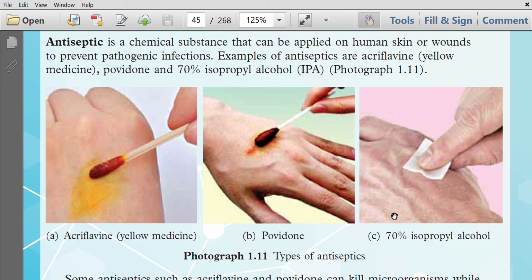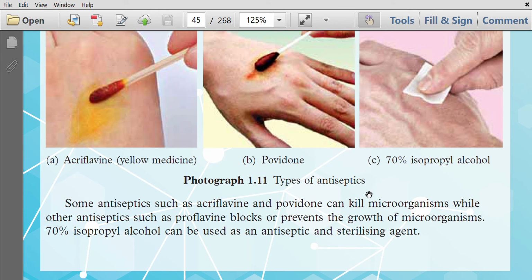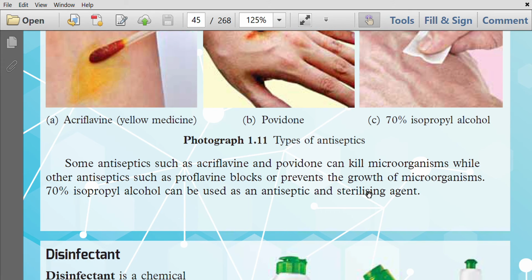Let's move on. The types of antiseptic you have here: acryflavin, providone, and 70% isopropyl alcohol.